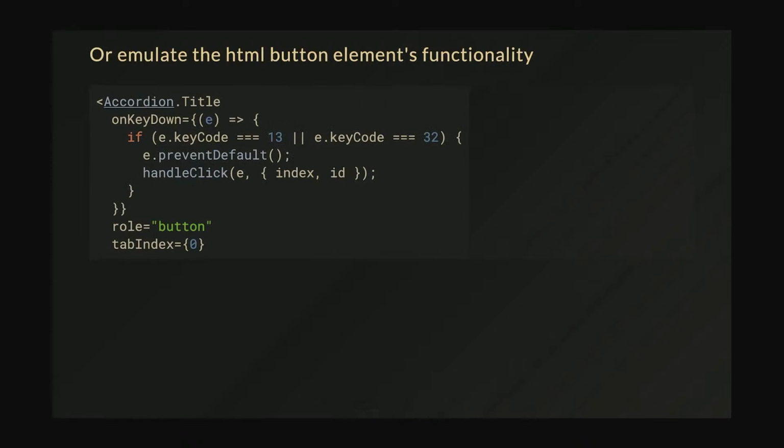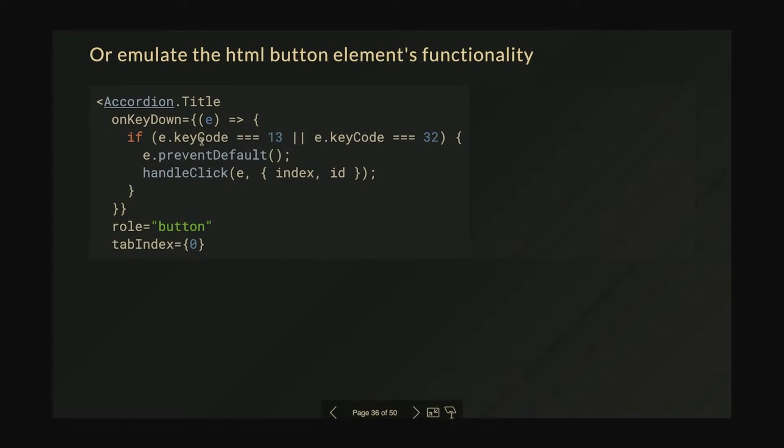In case you're stubborn or you're trying to maintain backward compatibility, then you'll have to do a few extra steps that would not be needed in case you were using the buttons. First of all, you have to give it a role of a button. You have to add a tab index, otherwise the div will not be tabbable.